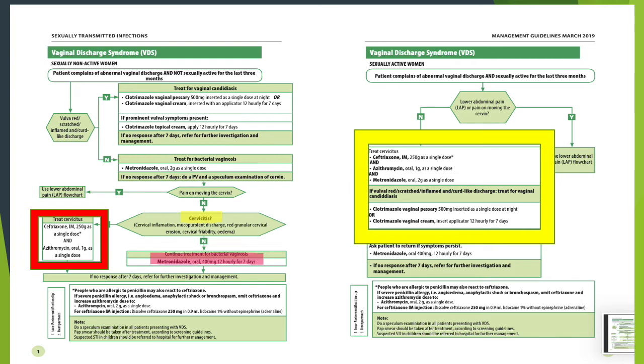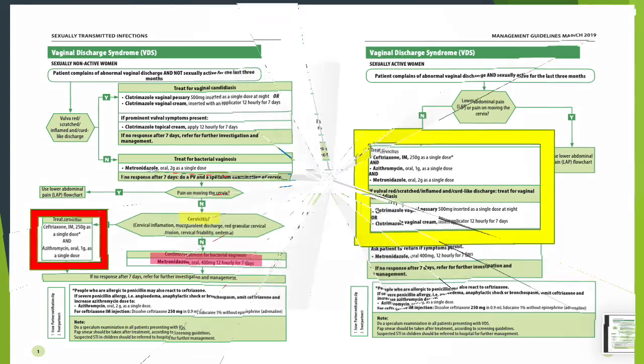If they suspect concomitant bacterial vaginosis, or the vagina or the vulva is noted to be swollen, erythematous, and pruritic, then flagyl can be added for 7 days, or a stat dose of flagyl 2 grams can be given, followed by clotrimazole vaginal pessary or clotrimazole vaginal cream.